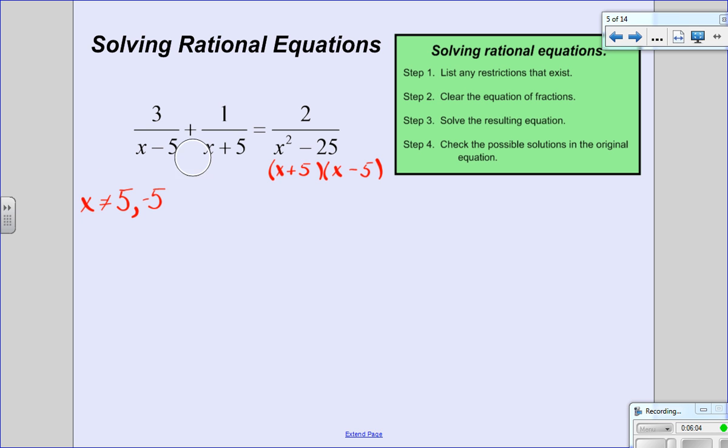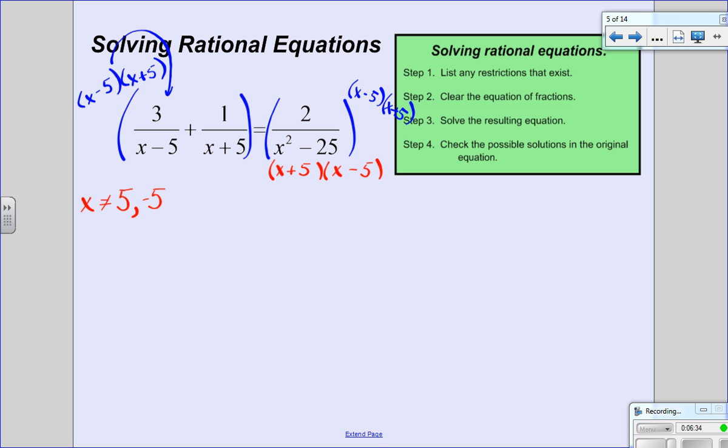So now let's go ahead and clear our fractions. In this problem, the least common multiple that we want to multiply by are the two binomials that we see in the denominator, x minus 5 and x plus 5. That's our least common multiple. So we'll multiply both sides of the equation by those two binomials. So let's begin distributing. X minus 5, x plus 5.